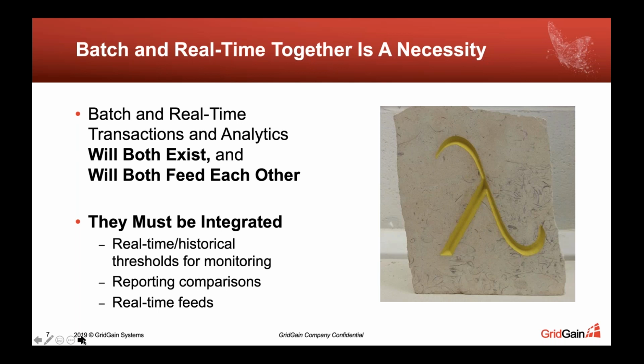Really, Lambda just means that you're going to merge any kind of real-time analytics that you're doing with any kind of historical or more batch-based data. It's not just that you have a real-time stream and then eventually you're going to have a batch-based stream that's more accurate. Generally, we try to make the real-time stream more accurate as well. It's that you have multiple types of analytics, real-time and batch, that you have to merge and make consistent to have a good view of the business.